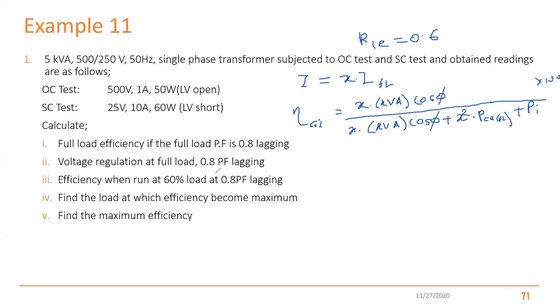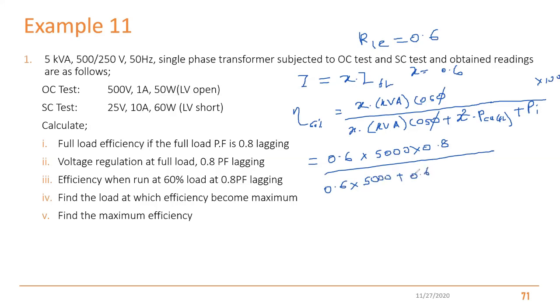If run at 60% load, that means X is 0.6. So I substitute: 0.6 times 5000 times power factor 0.8, and again 0.8, squared. Copper loss is earlier calculated as 60, iron loss is 50.